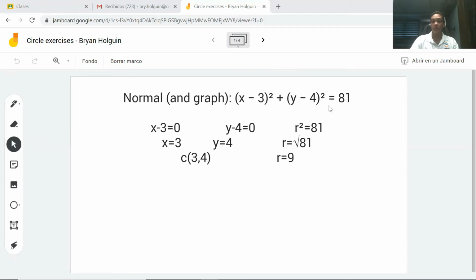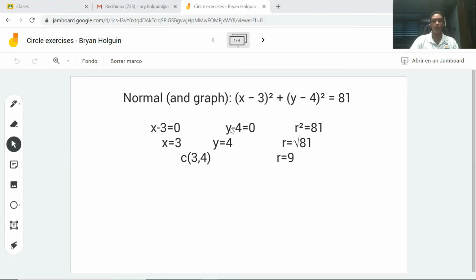This is really easy. So we take this x minus 3, pass it right here. So x minus 3 is equal to 0. So we pass the minus 3 to the other side, making it x equals 3. We have the x component now. And we now go the same way with the y.